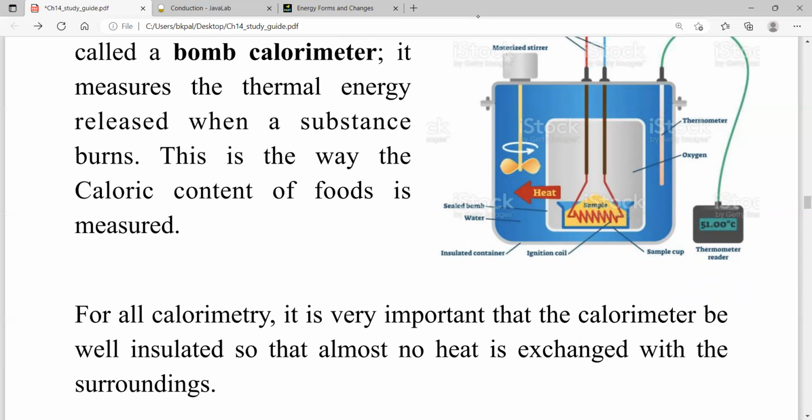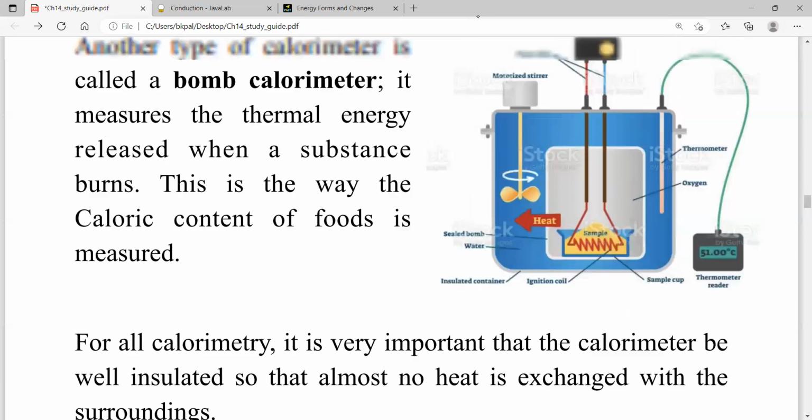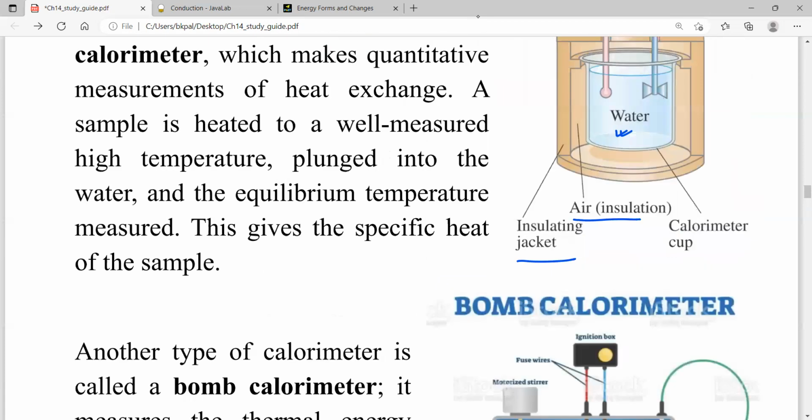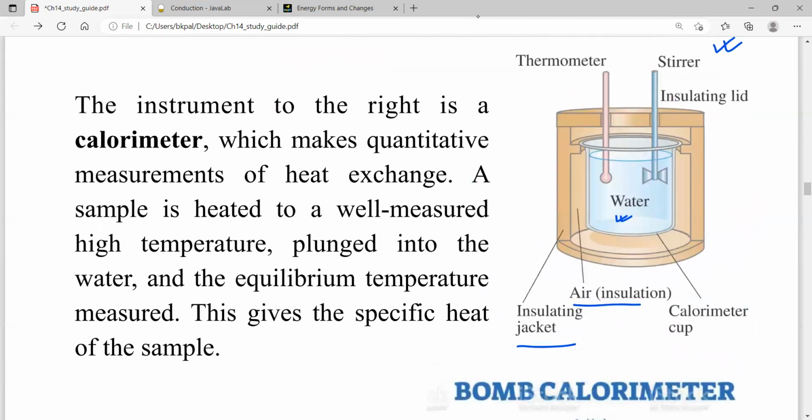So if you deal with a calorimeter in real life, make sure it is an isolated system, and an isolated system means it should be well insulated. For example, in this picture you see that it is insulated first using air and then an insulating jacket.